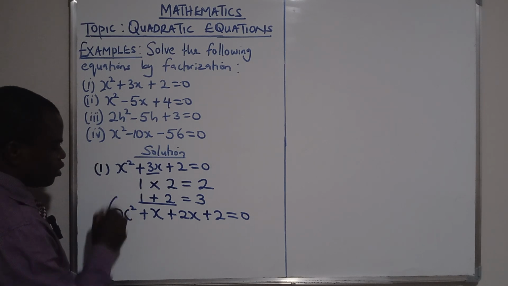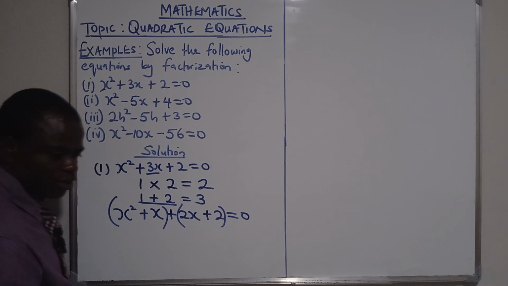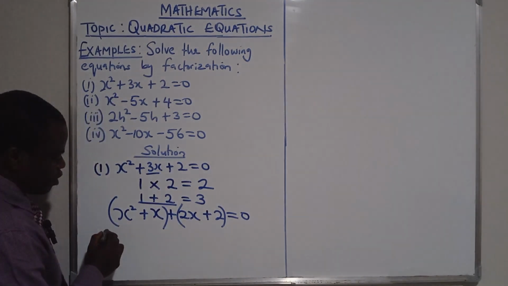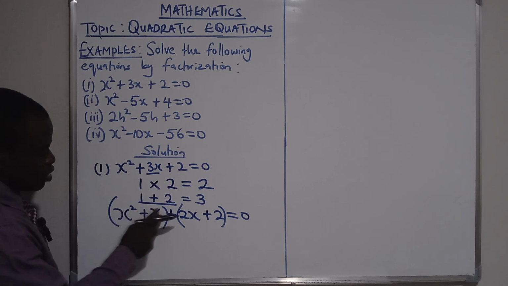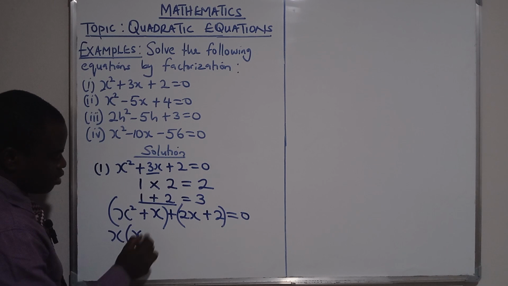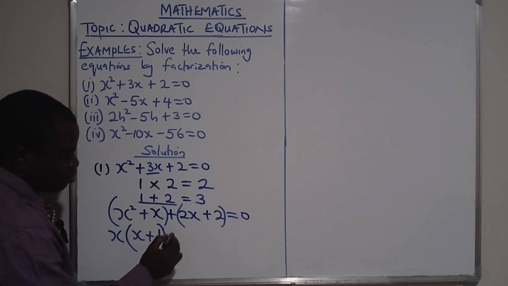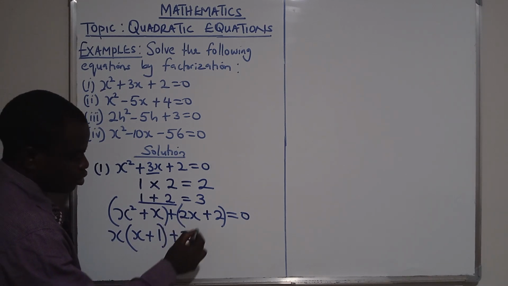Now let's factorize. Let's put the bracket so that we can factorize. What's common between x squared and x is x. We are left with x plus 1, it goes in x one time, plus what's common, 2.